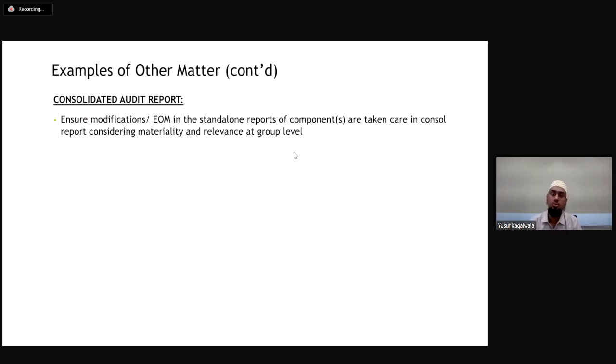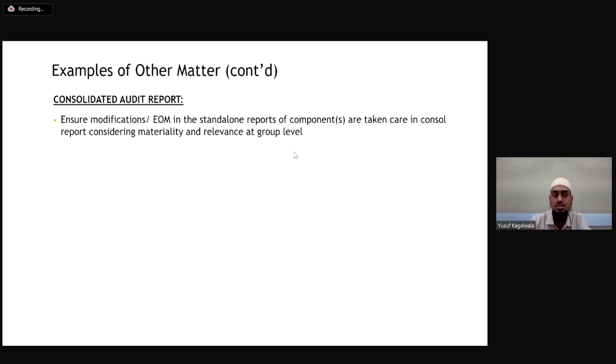As per SA 600 also, a guidance was given by ICAI way back in 16-17 that if modifications are there in the standalone reports of components, we don't need to directly copy-paste them into our consolidated report, but we need to assess based on materiality whether it will be a qualification of a subsidiary, whether it is so material that it should be a qualification for the group as a whole, or it should be an emphasis of matter for us.